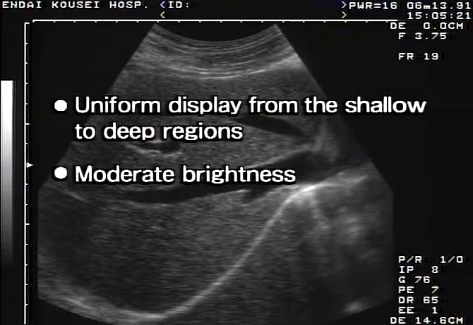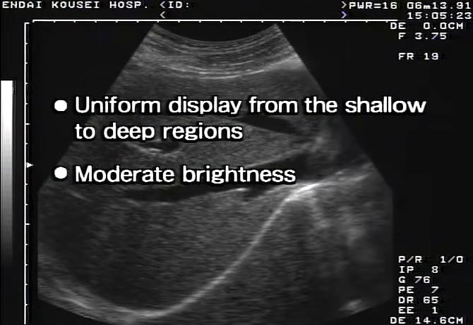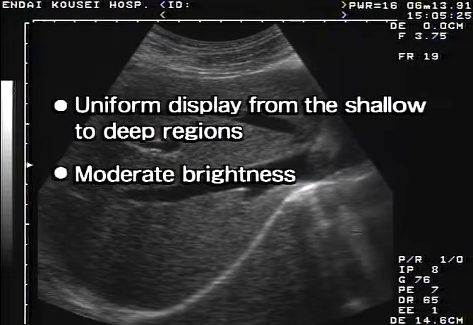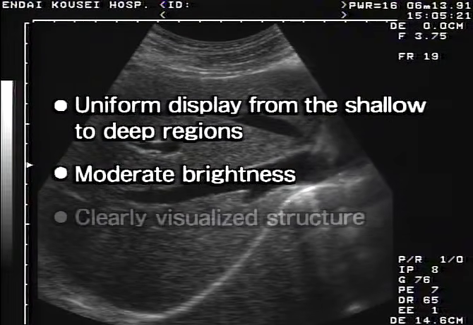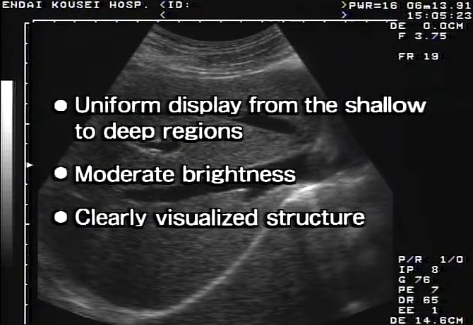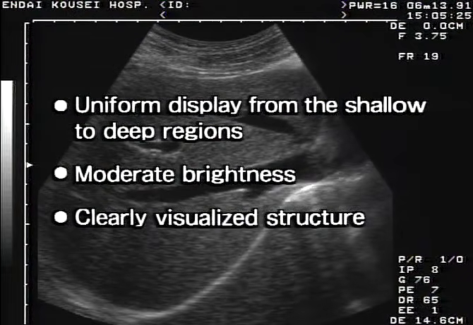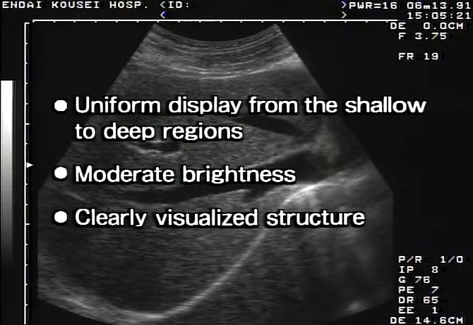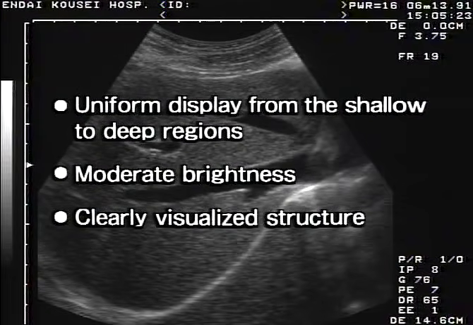Second, the screen should be moderately bright, but neither too bright nor too dark. Finally, the vascular walls and gallbladder wall should be visualized clearly, and parenchymal structures should be uniformly displayed.